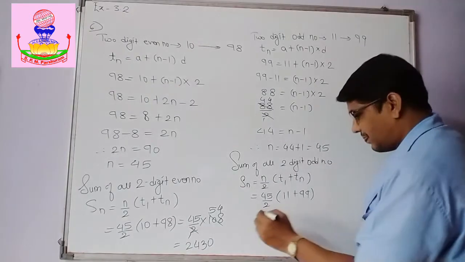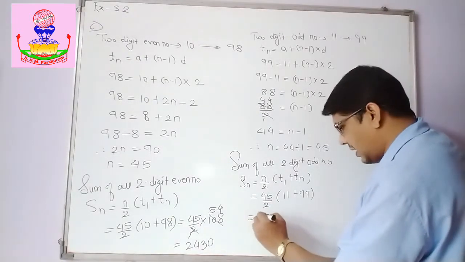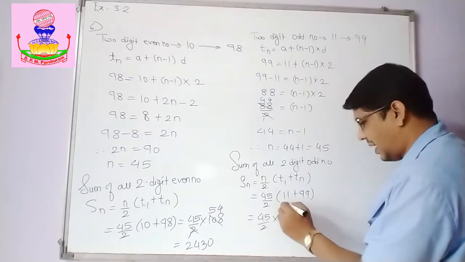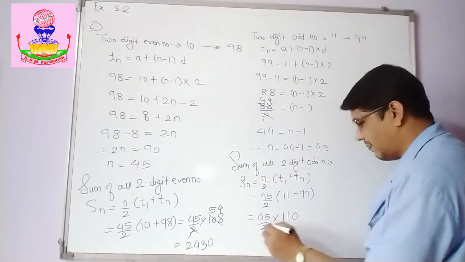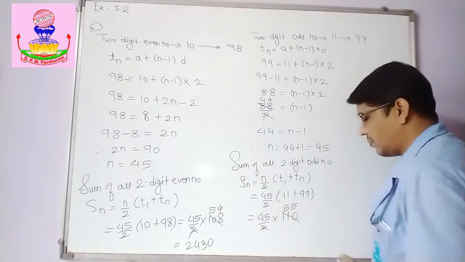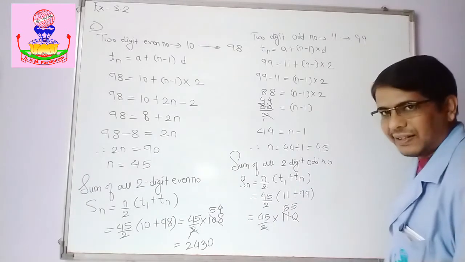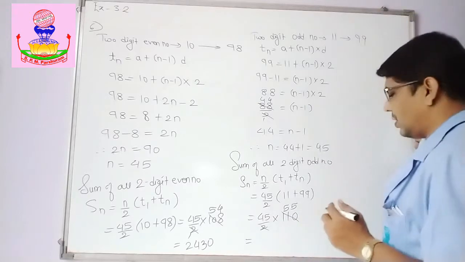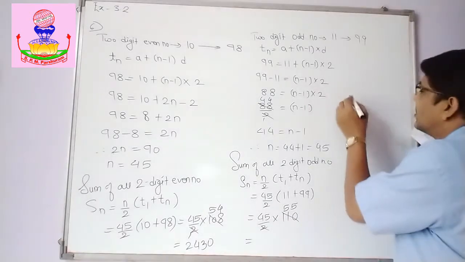Right? So 45 upon 2 into (11 plus 99): 9 plus 1, 10, plus 1, 11. So 2 1s are 2, 2 5s are 10. So that is equal to 110 upon 2, which is 55. Now again the Ganesh method of multiplication.